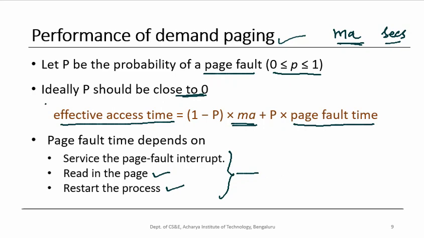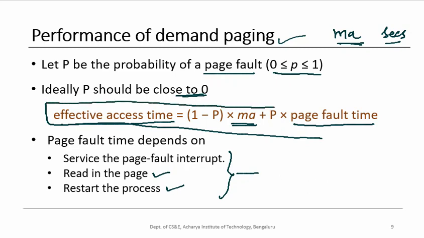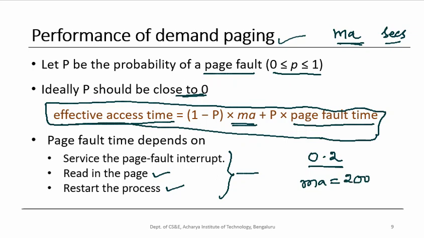So this equation gives us the effective access time when there are page faults while executing a process. Hope you have understood. For example, let's say the probability of page fault is 0.2, and MA, the normal memory access time when the page is present in the main memory, is 200 nanoseconds.